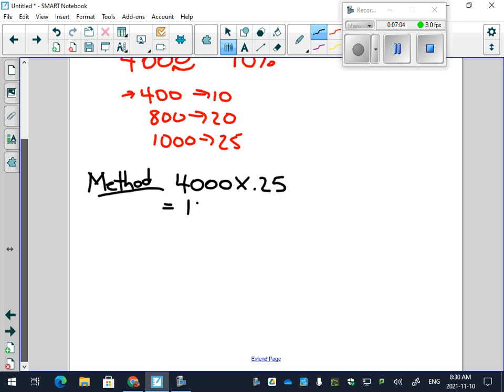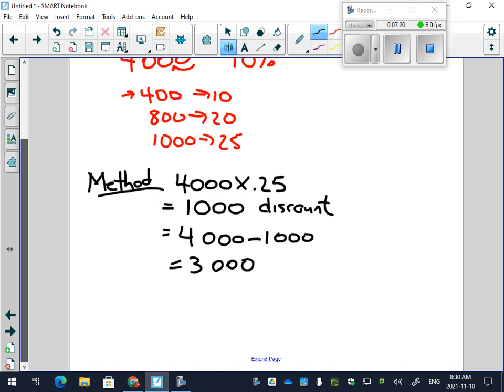That will come out to $1,000, and that's our discount. That's money being taken off the price. So we have to go back to our original price, take the discount away, and we will get an answer of $3,000. So that's method one. That's showing each part and working the problem step by step.